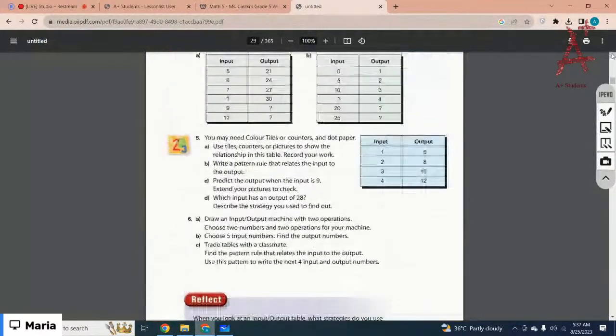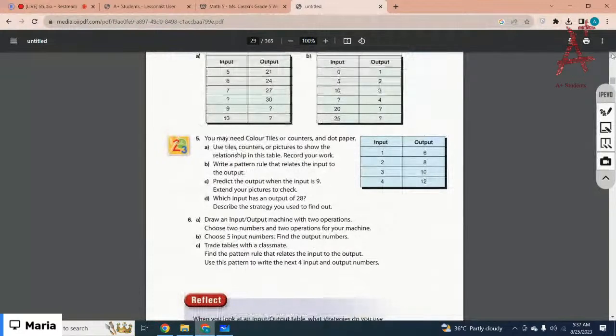Question number 5. You may need color tiles or counters and dot paper. Use tiles, counters, or pictures to show the relationship. Write a pattern rule. Okay, we can write a pattern rule. 1, 2, 3, 4.